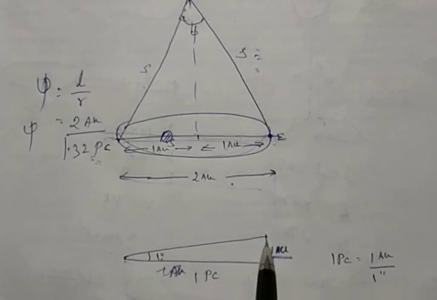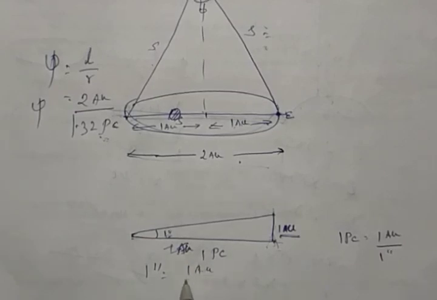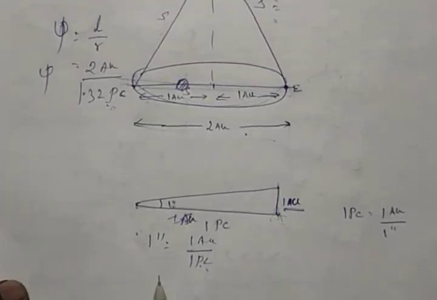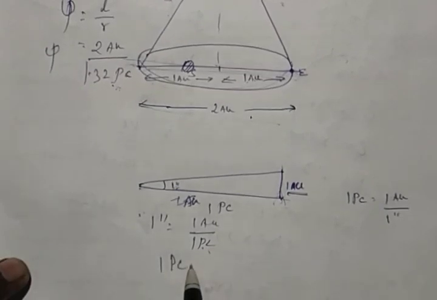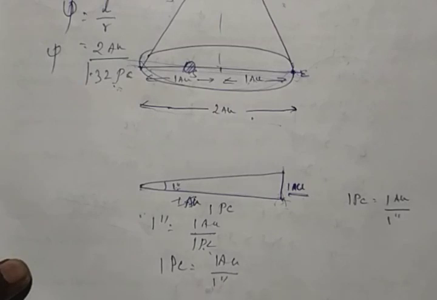When this distance is 1 astronomical unit, and the angle is 1 second, the horizontal distance will be equal to 1 parsec. So 1 second is equal to 1 AU upon 1 parsec. In other words, if you cross multiply, 1 parsec is equal to 1 AU upon 1 second.